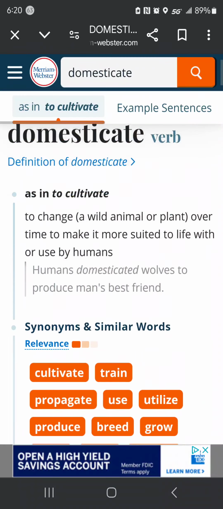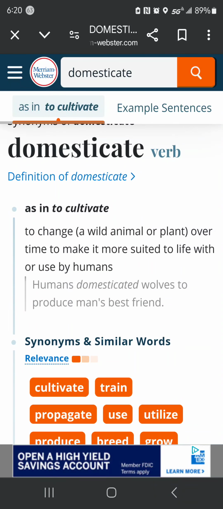See, that's what the word domesticate means as a verb. That's what it means.